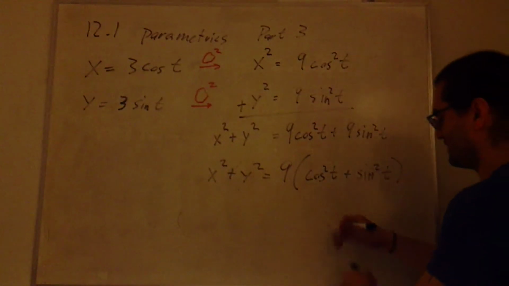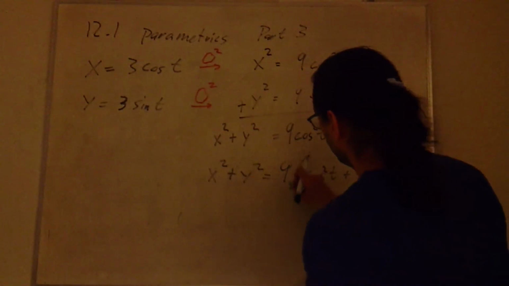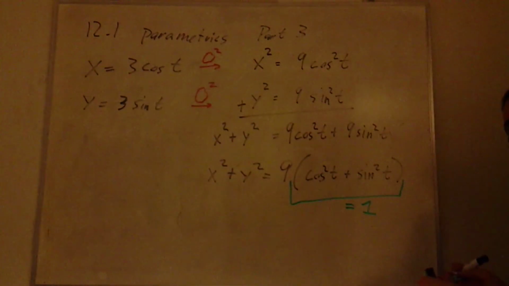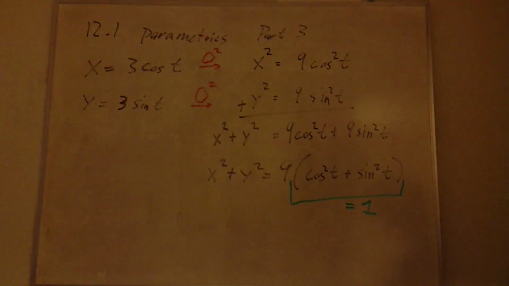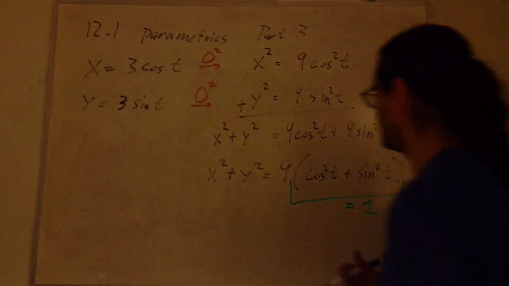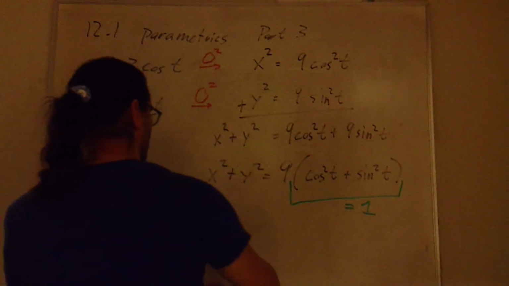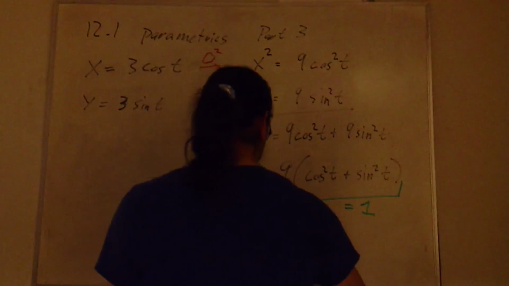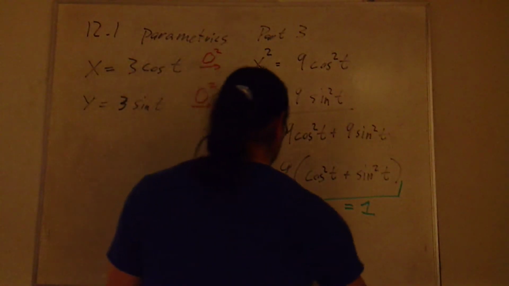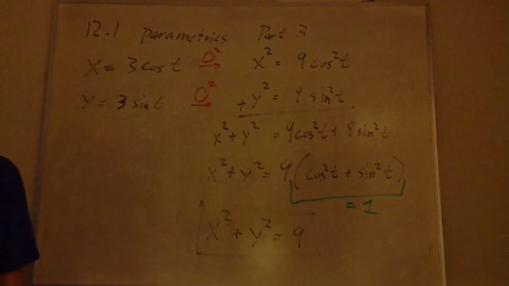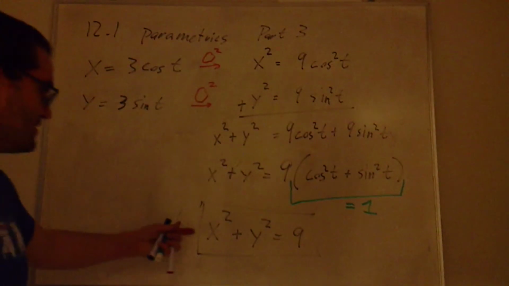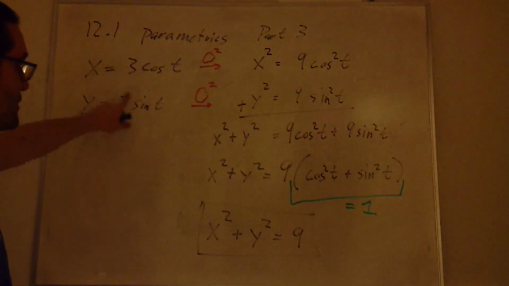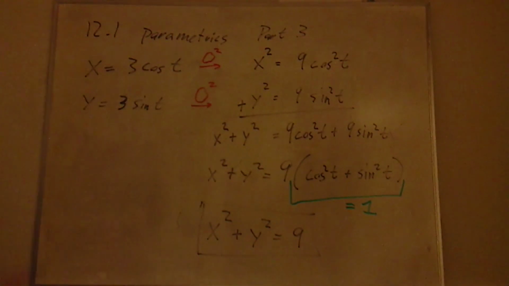And then this business right here equals 1. I love it when complex mathematical stuff just disappears and I don't have to deal with it anymore. It's great. So, final answer, I get x squared plus y squared equals 9, which many of you may recognize is the equation of a circle of radius 3, which is what we started with. We knew that this was a circle of radius 3 from the beginning.